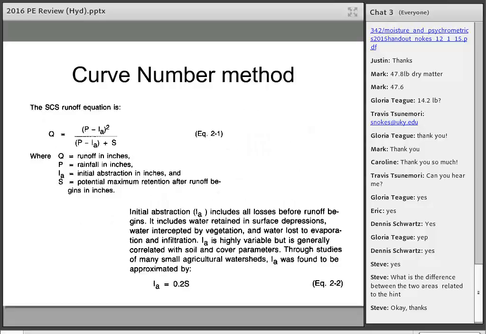Now, let me talk through the curve number method with you. And when you see this, it'll frequently be referenced as the SCS curve number method. And it depends on how old you are, whether or not you even know that the USDA agency currently known as the Natural Resources Conservation Service was actually the Soil Conservation Service quite a while ago.